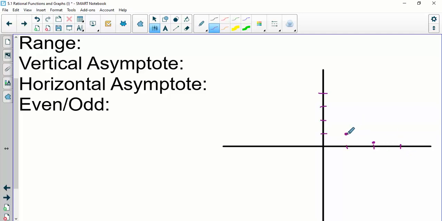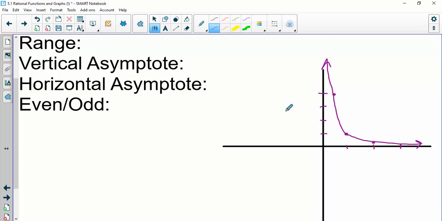What if I put in 1/2? 1/2 squared is 1/4, so 1 over 1/4 is 4. So this is very similar, but it's just a little bit steeper. It's getting bigger faster. The difference we see is when we put in the negatives.